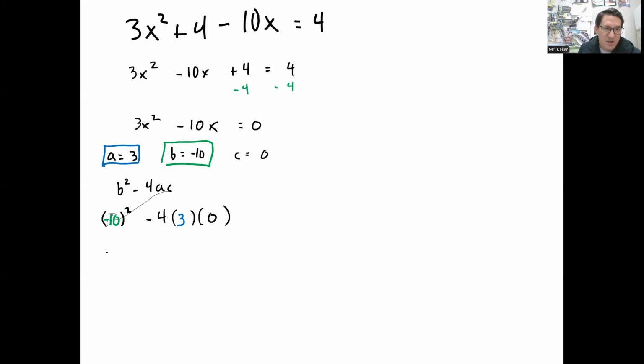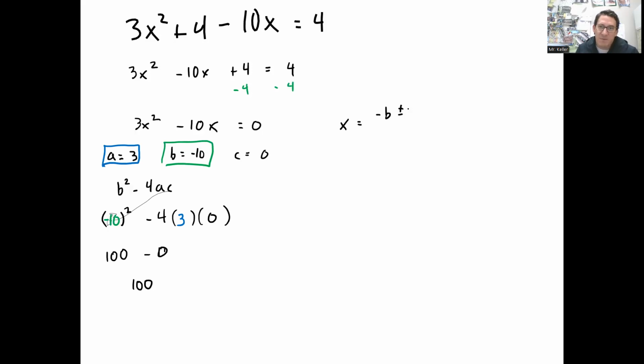So 10 squared is 100. This is all 0. This is 100. Just a hint, if this ever works out as a perfect square, like it just did here, you're going to want to solve it by factoring. We could have factored out an x and solved it. It would have been much easier and quicker, but we're going to do the whole thing here.